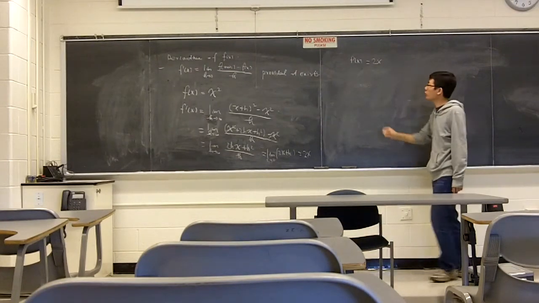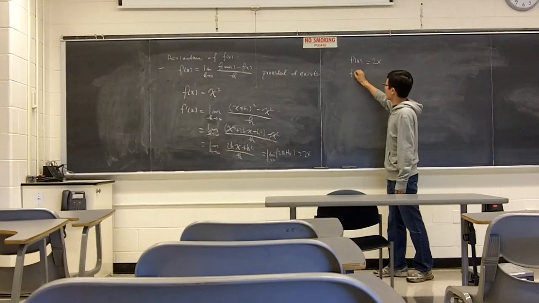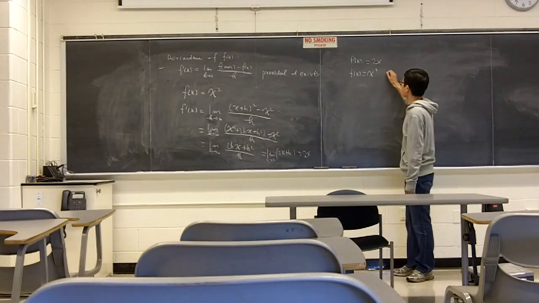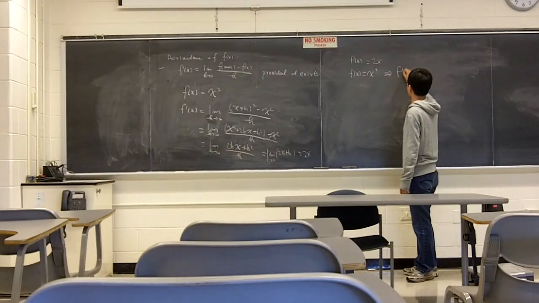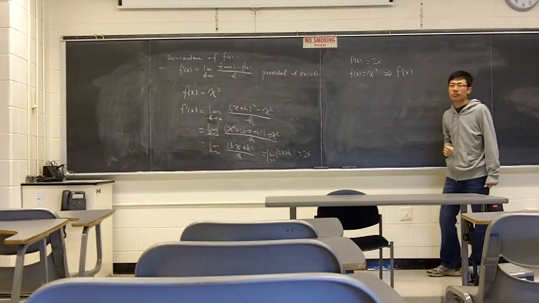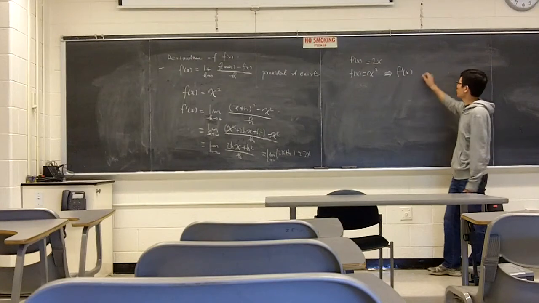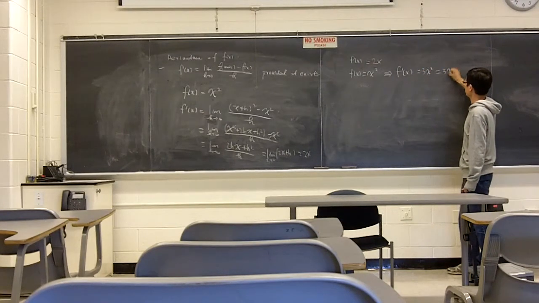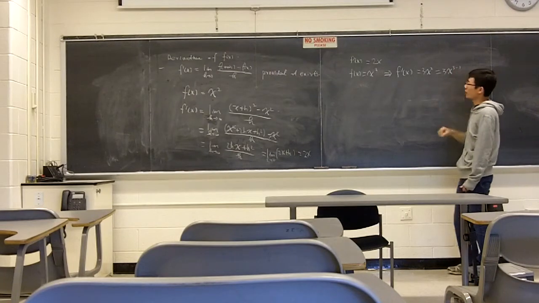So now I have the question, if f(x) is equal to x to the power 3, could you tell me what is the derivative? 3 times x squared. Yeah, 3 times x squared. That is equal to 3 x to the power 3 minus 1, right?